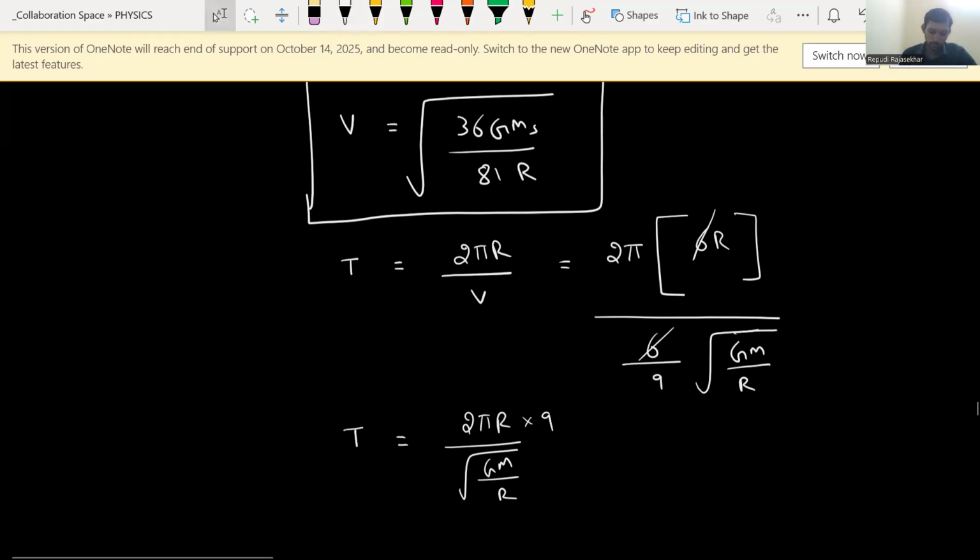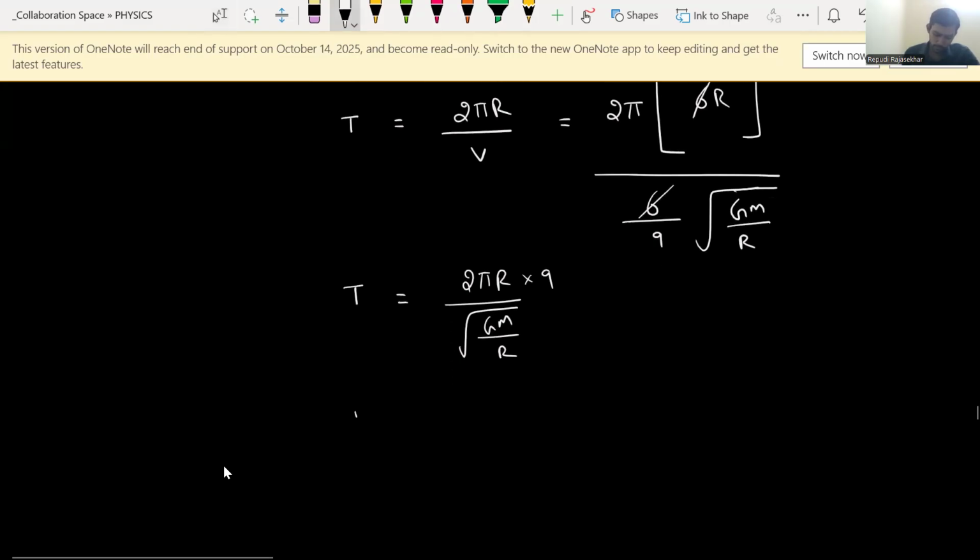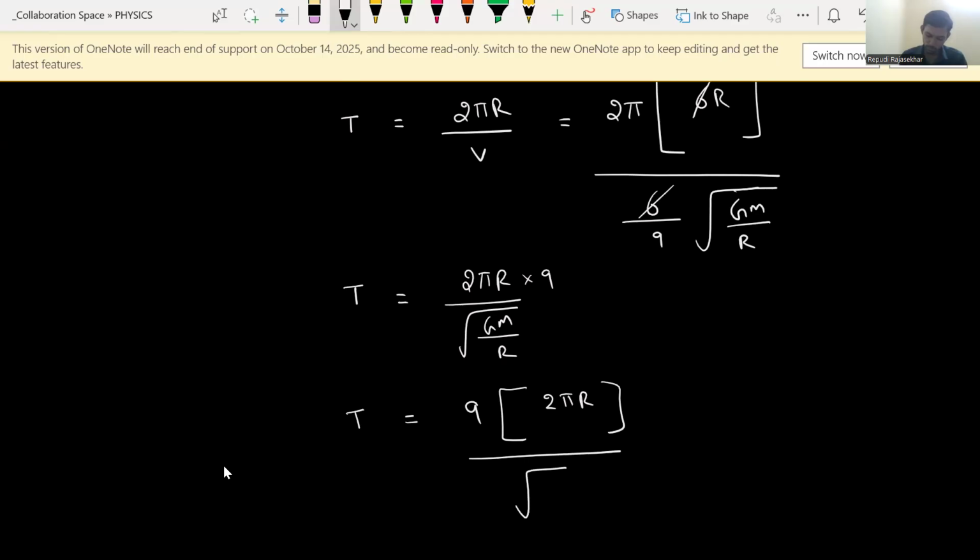Now we need to compare with the time period of this earth, I think. So this is 9 times 2 pi r divided by root over GM by r.